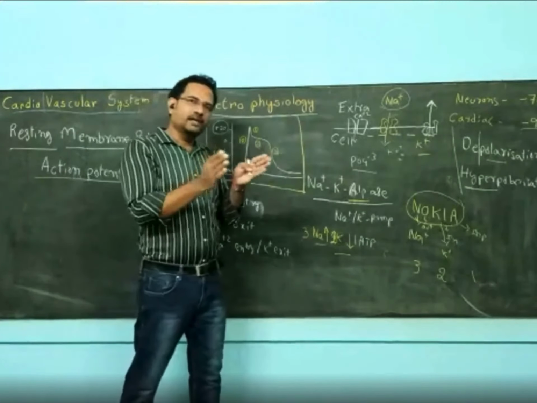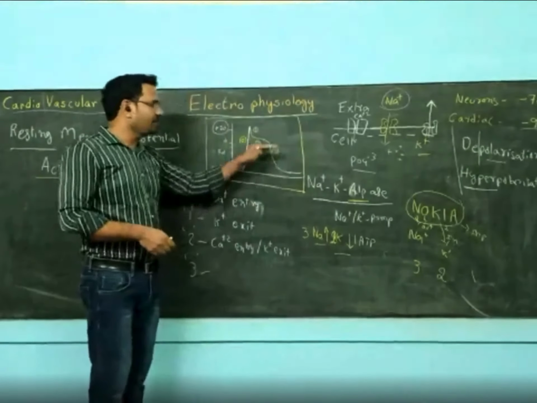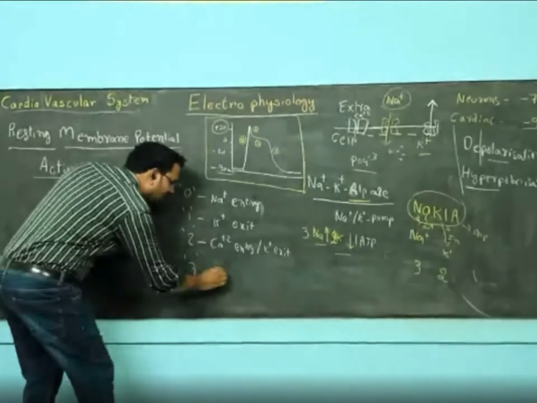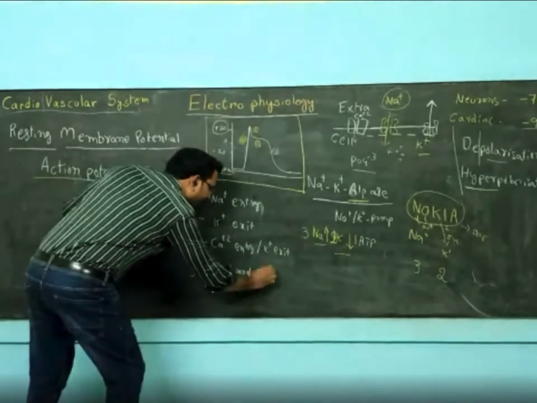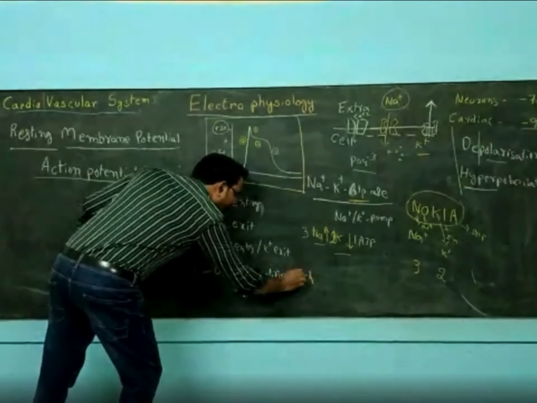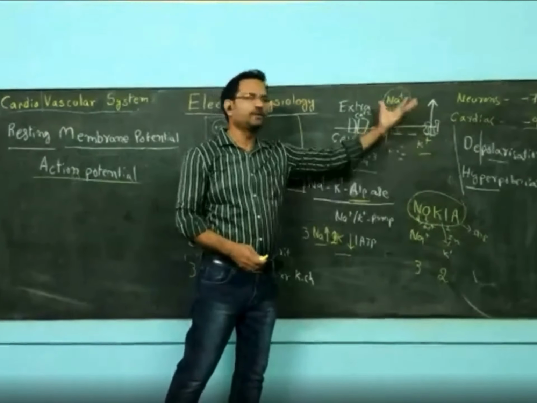After that, the calcium channel closes. But what happens is, again, due to the potential changes, there is a channel called the outward rectifier potassium channel. Outward rectifier means that potassium will be going out.